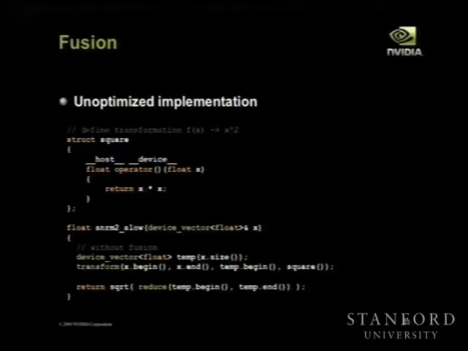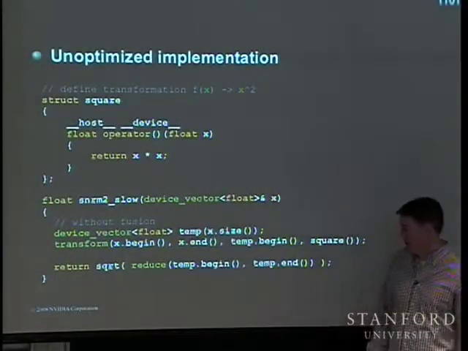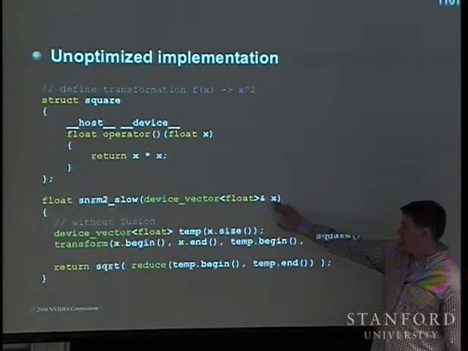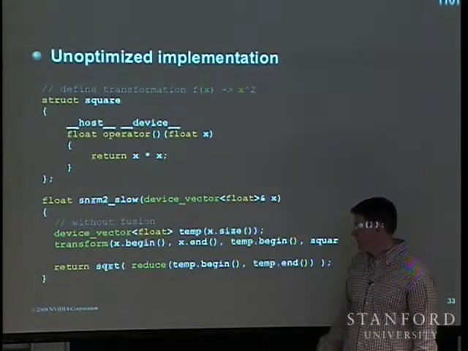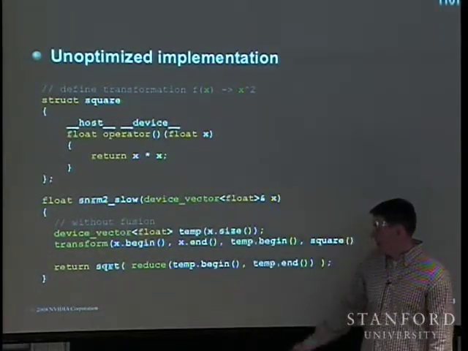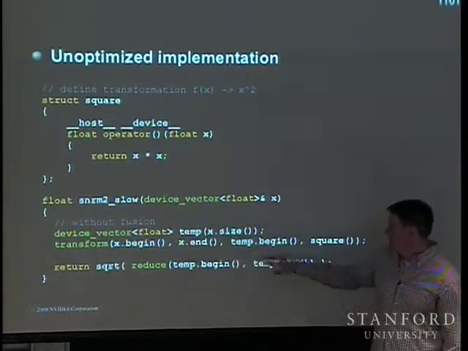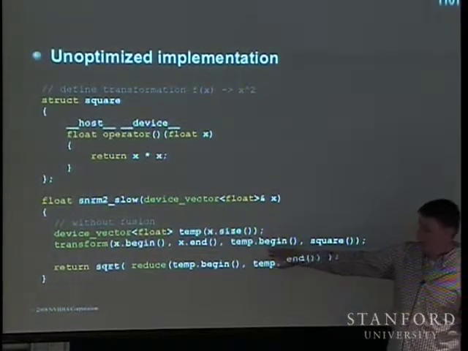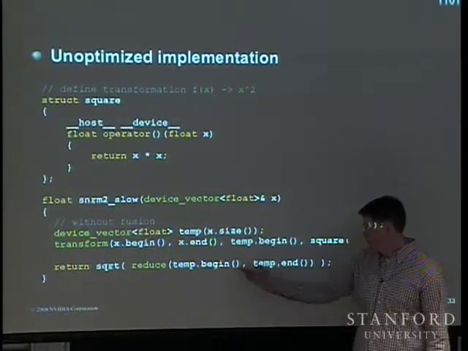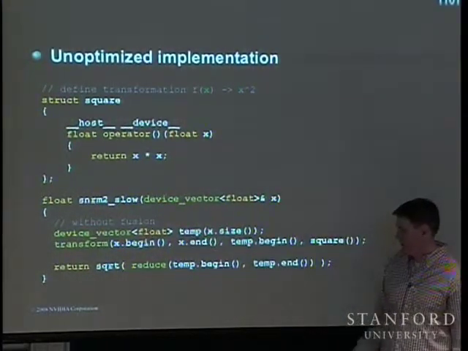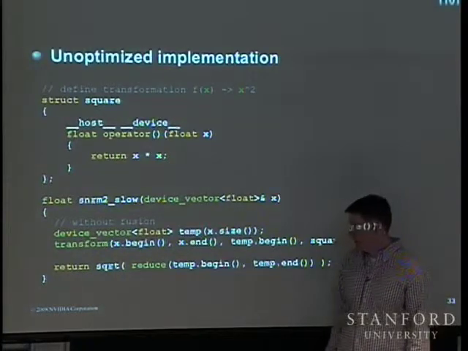The reason is that first we have to create a temporary array. We're taking in this x vector and computing its norm. Then we have to read in x, compute the squares, and write those back out to temp. And then in a final operation, we'll sum those temporary values together and compute the square root.